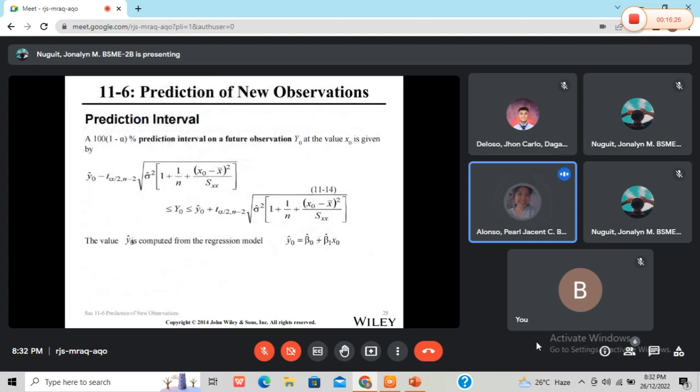So let's move on to the prediction of new observations. So this is the prediction interval.